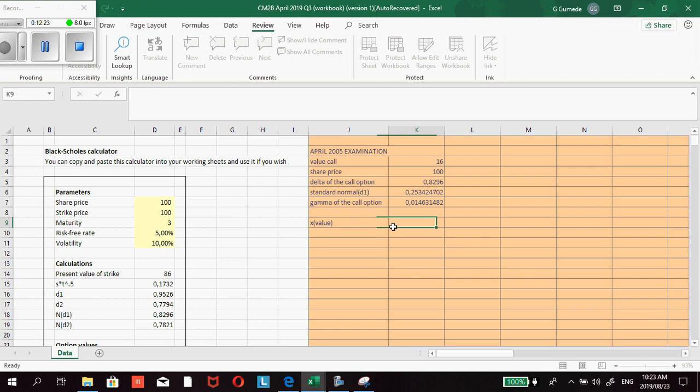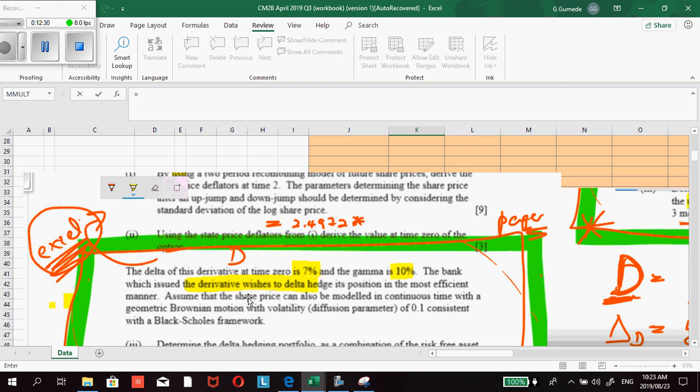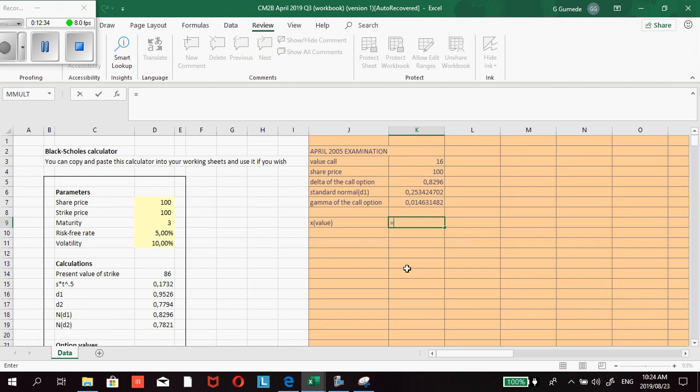The gamma of this derivative, the examiner told me, is 10%, which is 0.1. So I'm going to have 0.1 divided by the gamma of the call option, which is this here, and press equals. So I found the value of X.